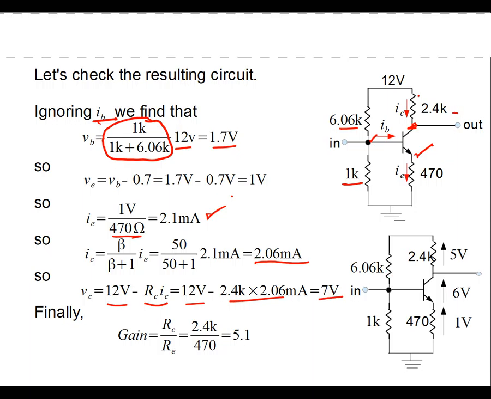So this guy is sitting at 7 volts. The base is 1.7. The emitter is 1. It looks like we're properly biased. And because the ratio of 2.4K to 470 ohms is about 5.1, we have the right gain. So guess what? We have a working circuit.